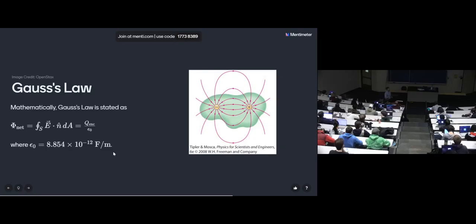There are two types of problems that you will come to when you do Gauss's law problems. The first one is, what is the electric field at some arbitrary point, just like we solved previously? What is the electric field at some arbitrary point based on a certain amount of charge?